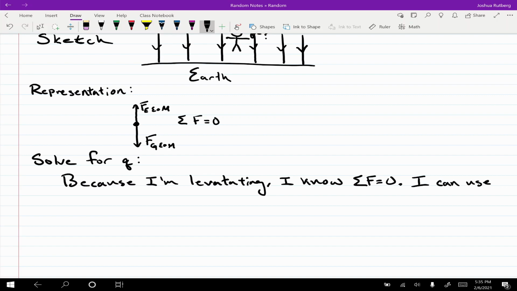I can use my force diagram to set up Newton's second law.